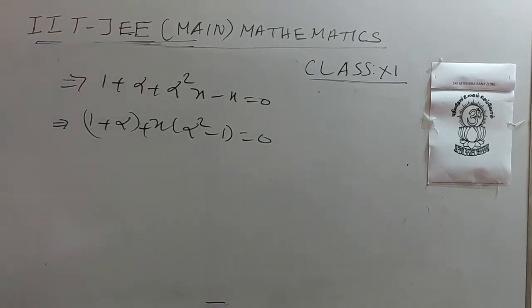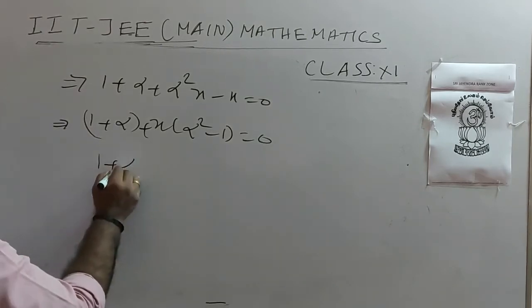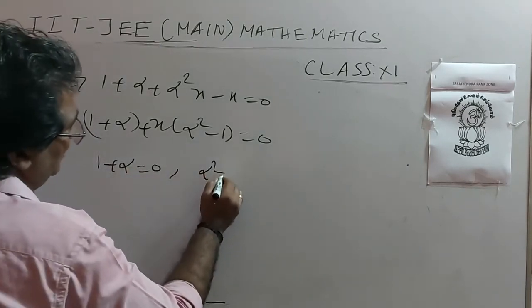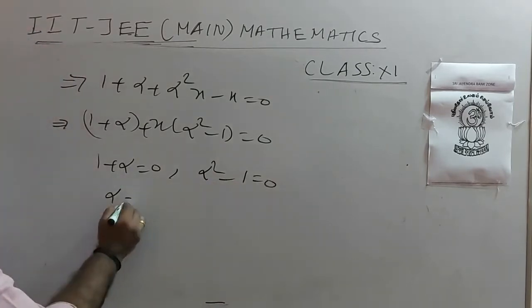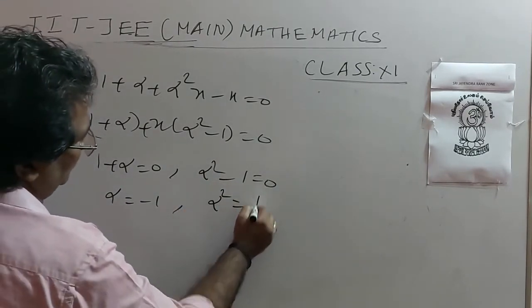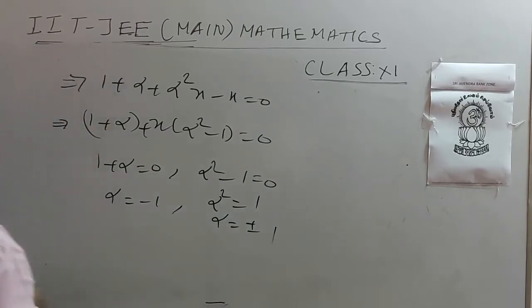If x is equal to 0, you would get only a constant. Therefore, to get this relation, 1 plus alpha equals 0, and alpha squared minus 1 equals 0, so alpha equals minus 1, and alpha squared equals 1, so alpha equals plus or minus 1.